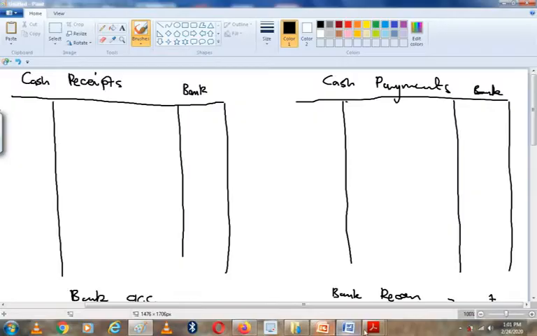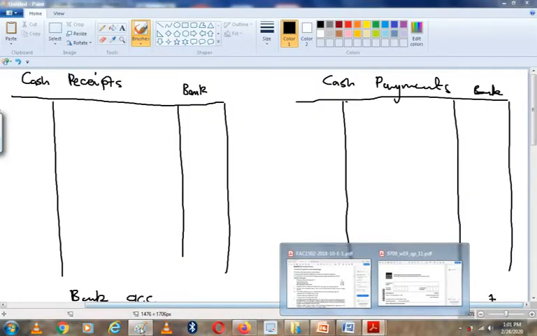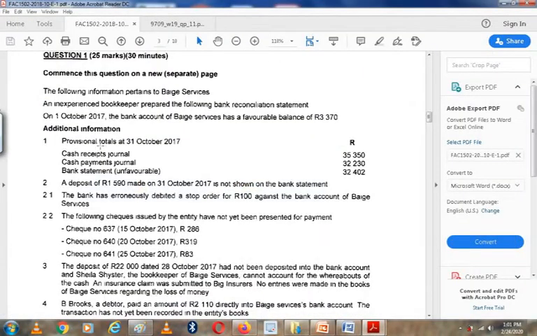The next thing is for us to look at the transactions. The following information pertains to Beige Services. An inexperienced bookkeeper prepared the following bank reconciliation statement. On 1 October 2017, the bank account of Beige Services had an unfavorable balance of 3370.